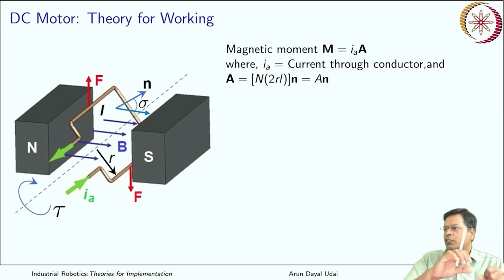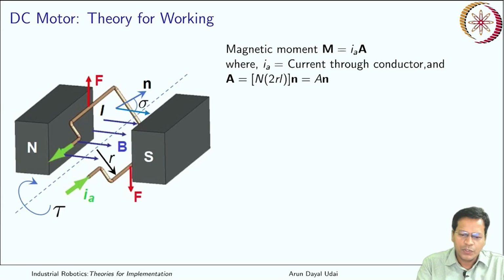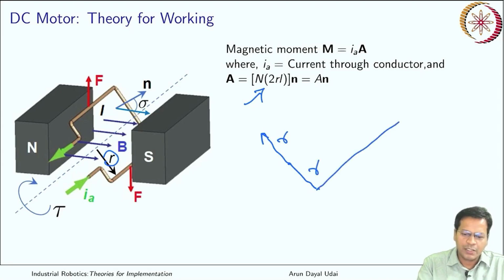So you may have a bunch of wires that make n number of conductors taking this current through this loop. So this is n over here. If this is the radius, it is r and it has another r, so that is the dimension.